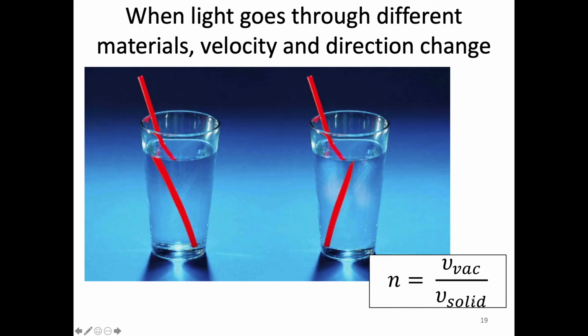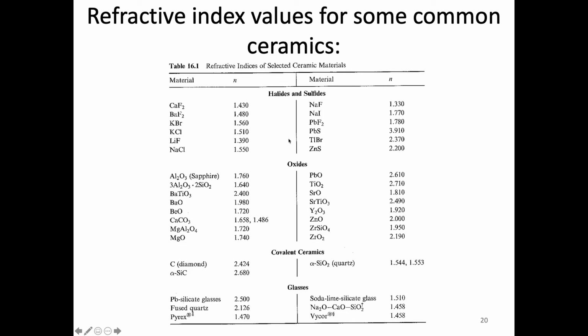So since all of these numbers are greater than 1, that should tell us that the velocity is decreasing in these solids. And so the light travels slower in these materials than it does in a vacuum. And the relative distance from 1, right, the higher the number, means the slower that light travels.